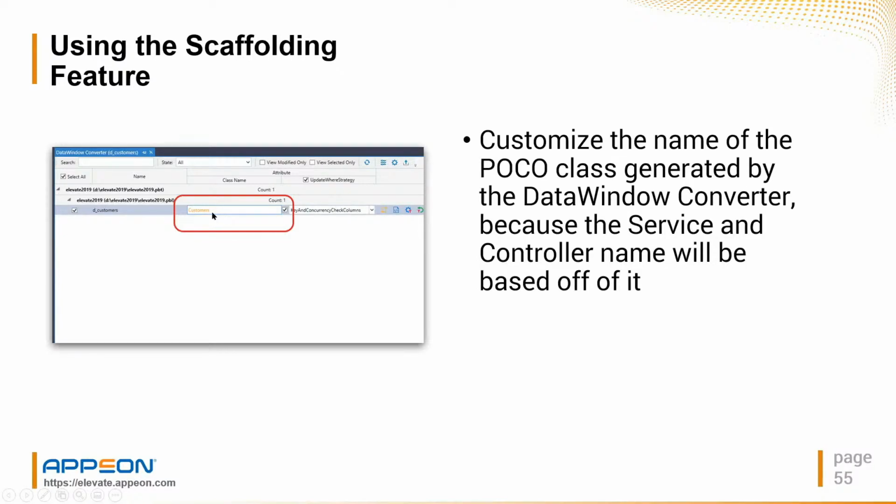You change that to indicate what class name you're actually going to want to use. And I'm going to do this specifically when I use the scaffolding, because it's going to base everything it does off the name of the POCO class. And so if you put D underscore in the name of the POCO class, everything it creates is going to have D underscore in it, and I don't want that.